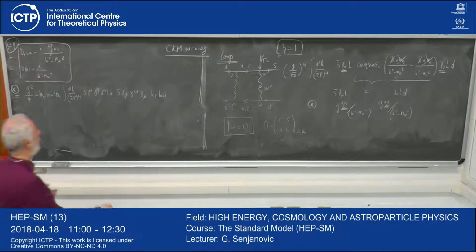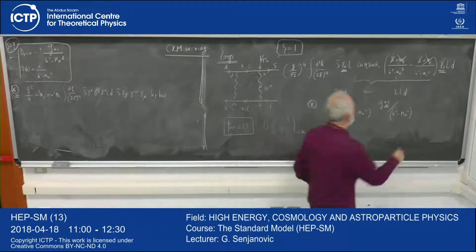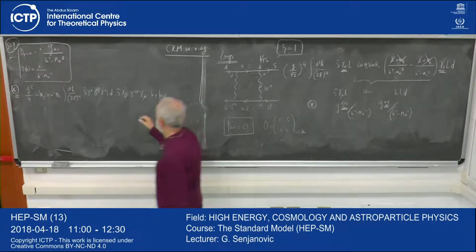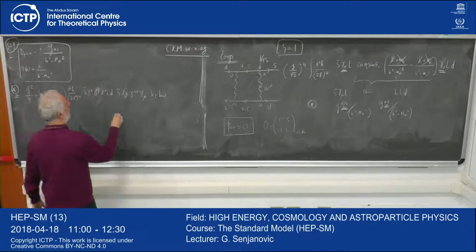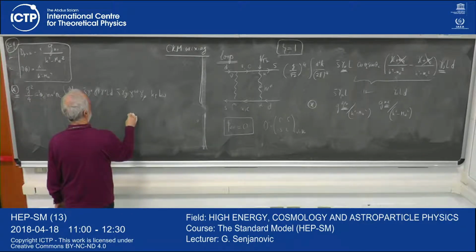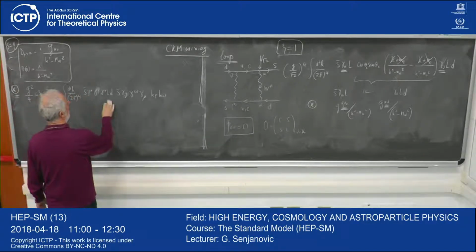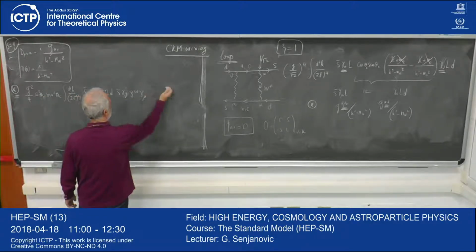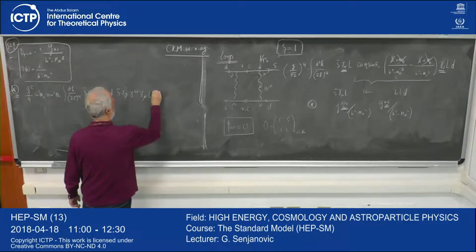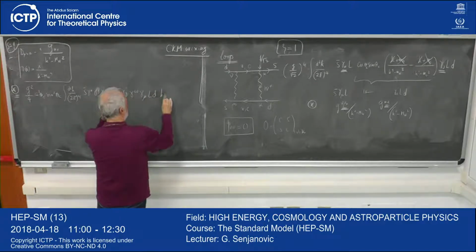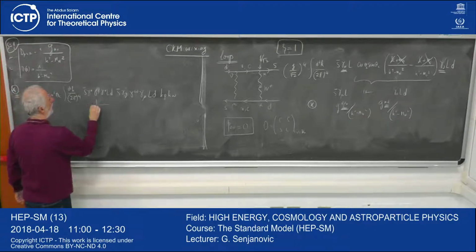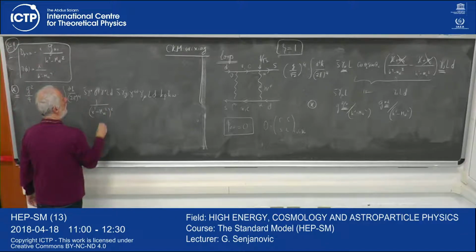I know I'm maybe boring you. And then I get this quantity in the bracket times S-bar gamma mu L, S-bar gamma mu. Why don't I have L? K rho, K omega, 1 over (k squared minus M_W squared) squared.